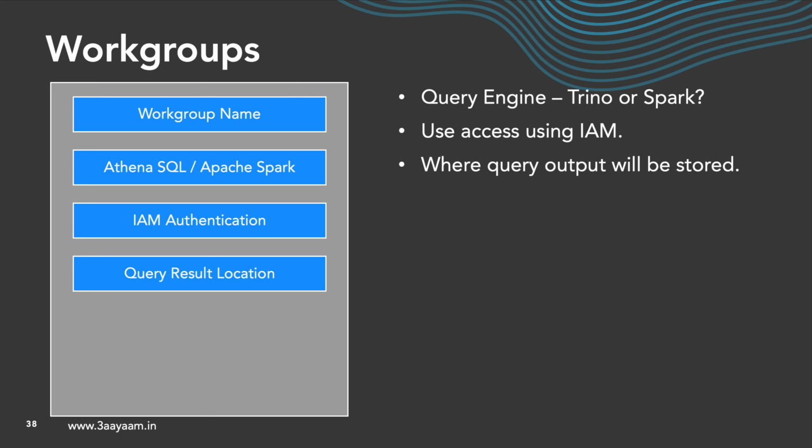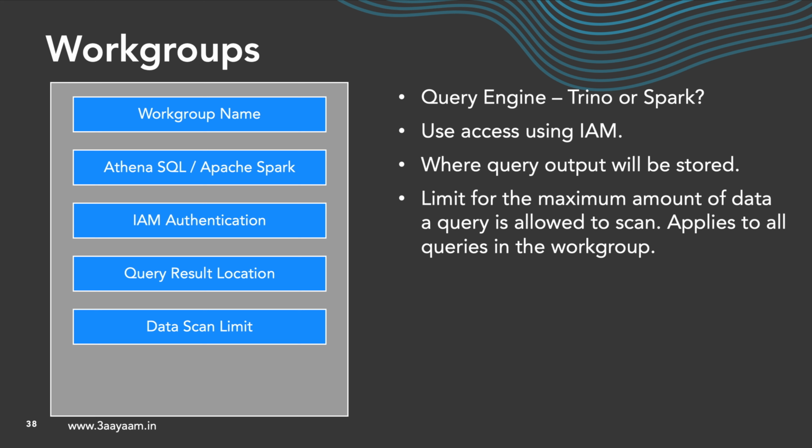Then you mention the query result location where the query output would be stored. If you remember, when we started Athena, we also mentioned the same thing without being in a workgroup. But typically in a particular workgroup, we mention the query result location also.